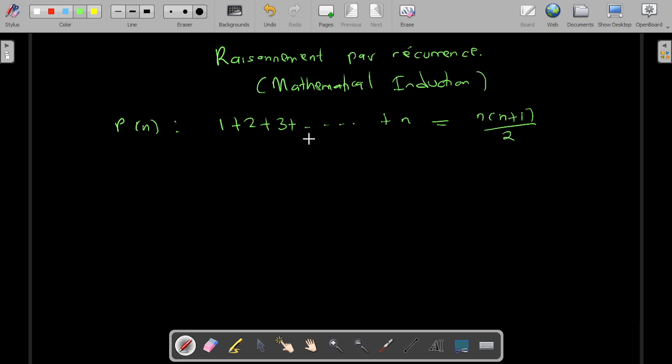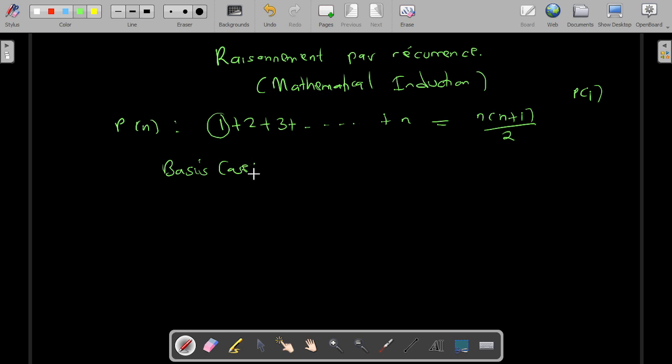All right. Now, the first thing that we need to do is verify the basis case. So what is the basis case? In this case, it's not P of 0, but rather P of 1. Why? It's because I look at the first term that I have here. The first term is a 1. So I try to find my P of 1. I'll substitute 1 into the expression on the right hand side.